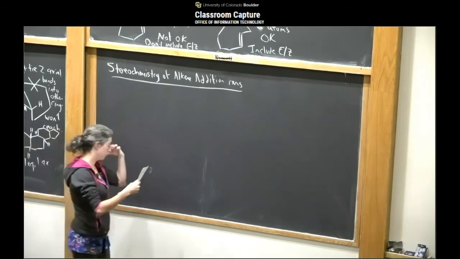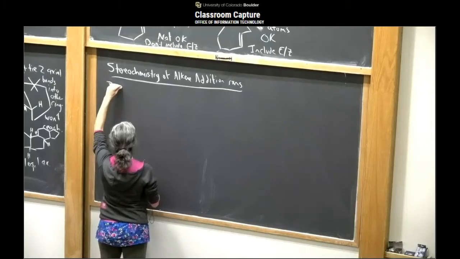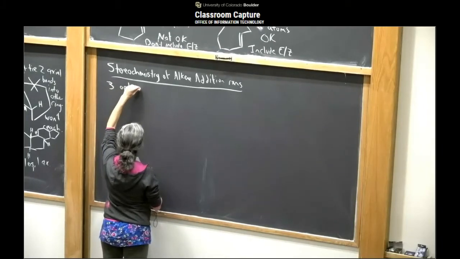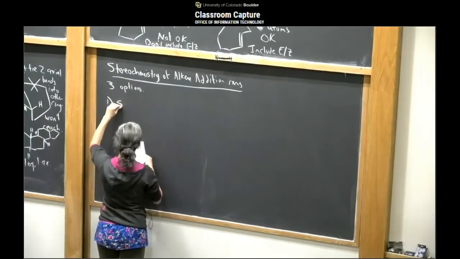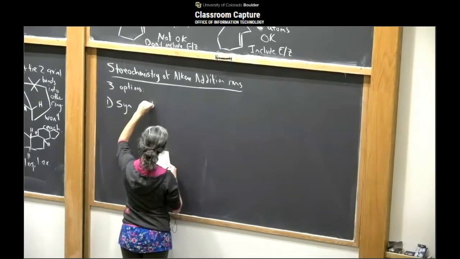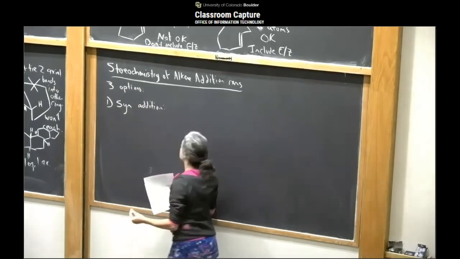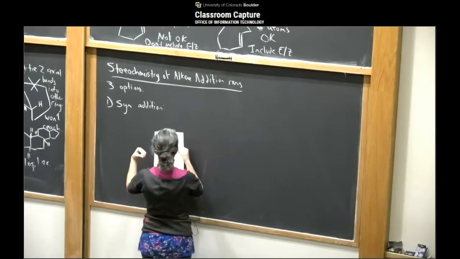So is it going to add bold or dashed? It turns out there are 3 options. First up is called syn, S-Y-N, addition. And the deal here is that both groups add to the same face at the same time.